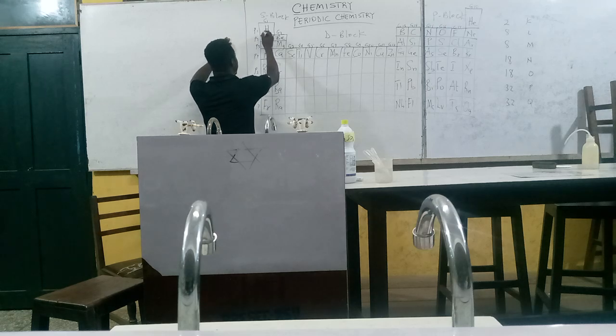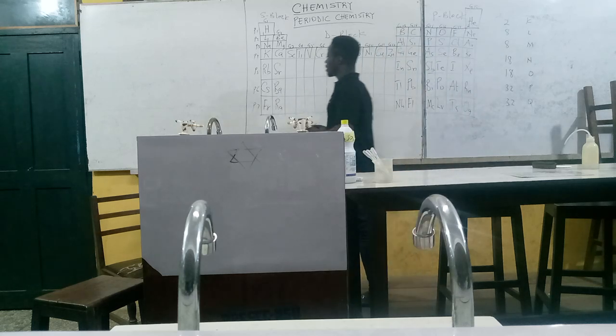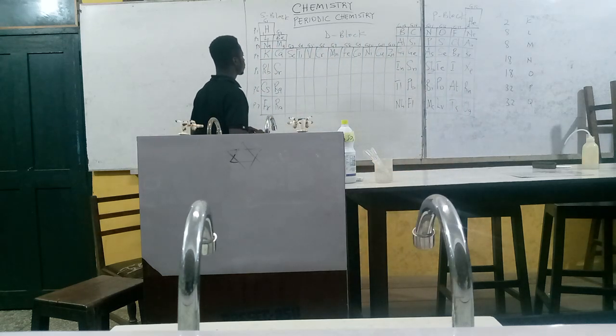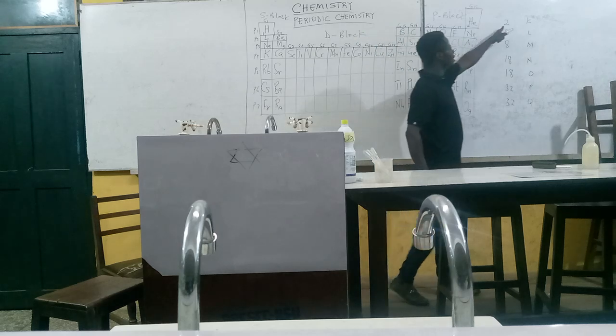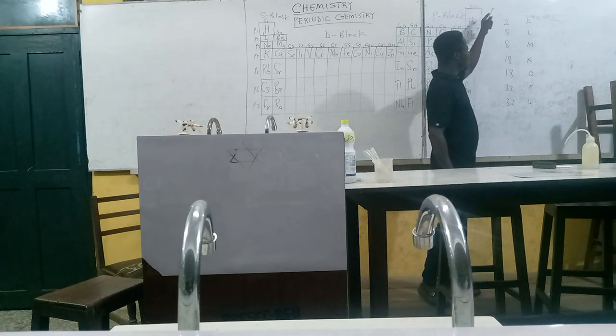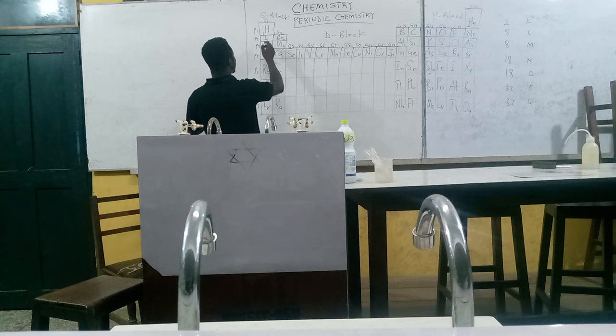We know that this one has atomic number 1, and the other one has 2. So this is a duet. But after the first period, since we have 2 for the first shell, when we want to proceed to the next shell, I will just do 2 plus 1, which gives me 3.